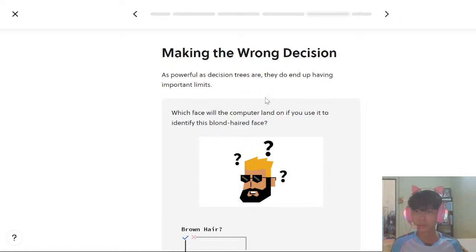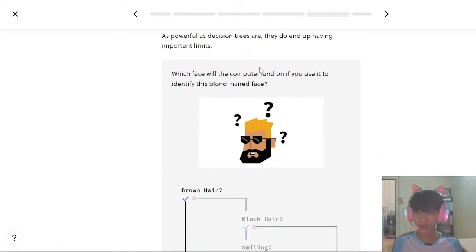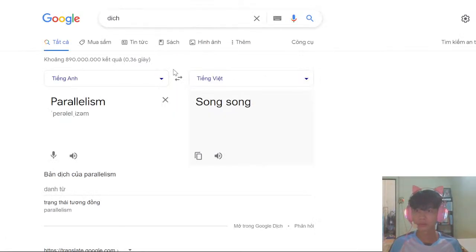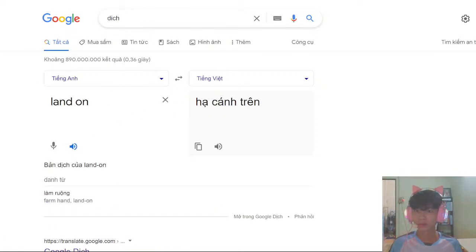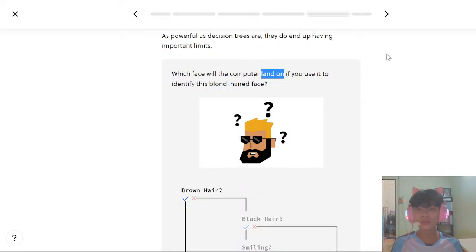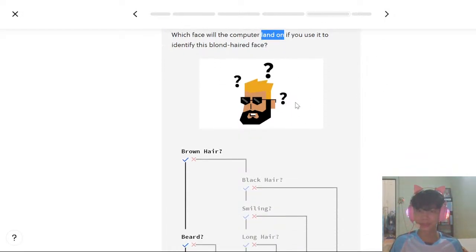Which face will the computer land on if you use it to identify this blonde hair face?